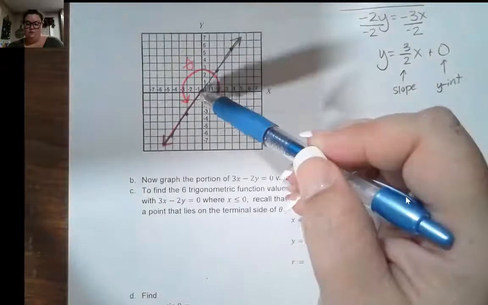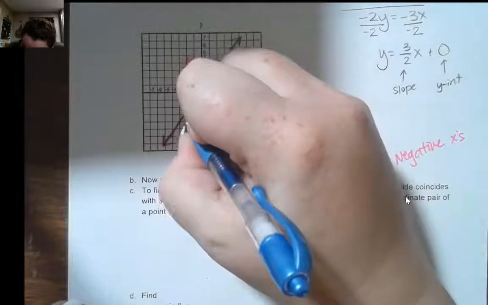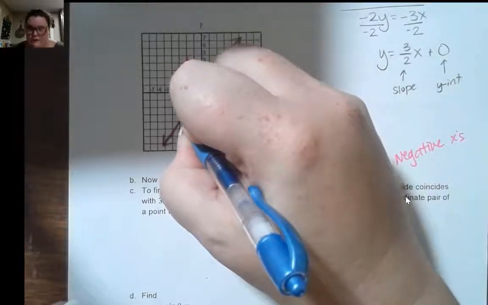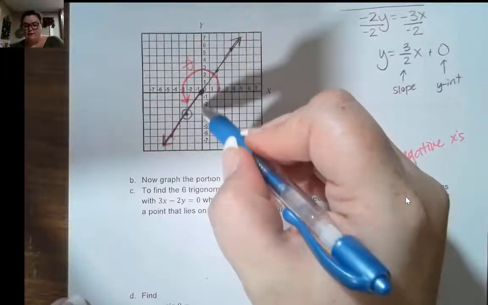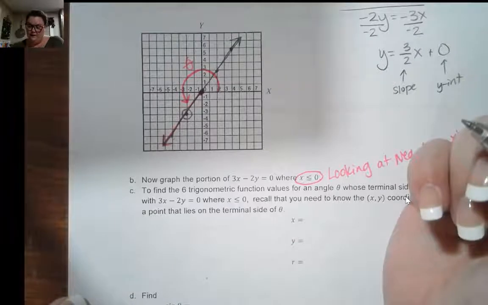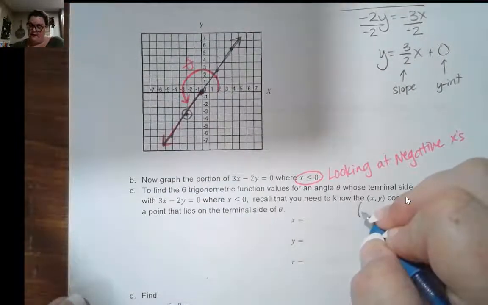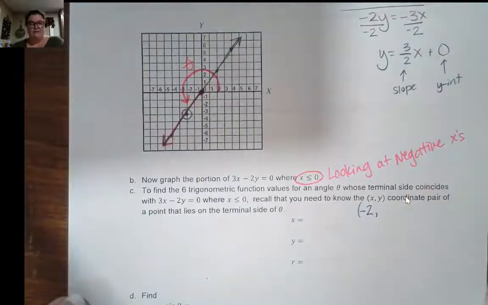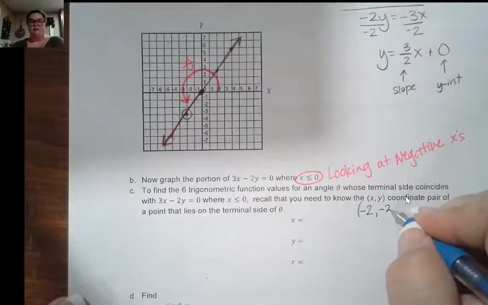Or going the other way, we went down 3, backwards 2. So I'm going to go ahead and just use this point right here. If I look at that point that I plotted, I got that from going down 3, backwards 2. So the ordered pair that I'm going to use there is a negative 2 x value, right? And down 3 is a negative 3 for my y value.